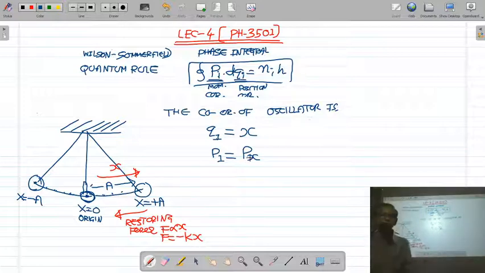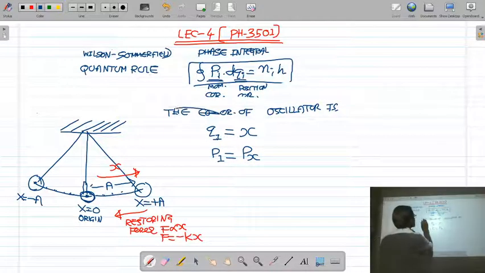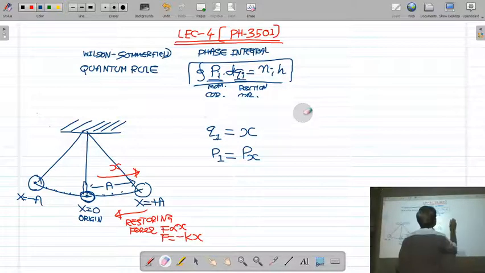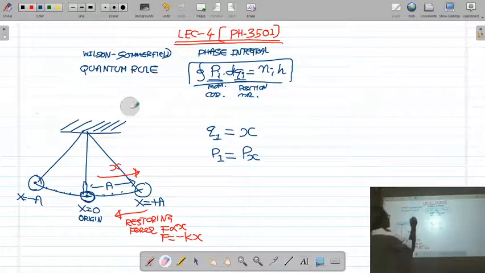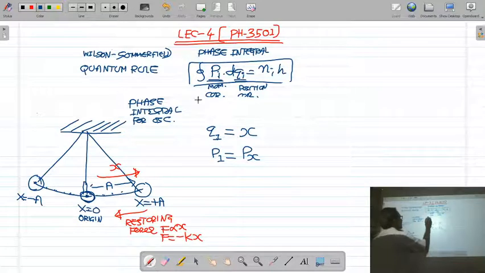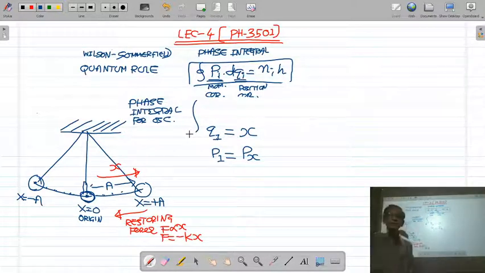Now we write down the phase integral for this oscillator. The phase integral is the integration of Pi dQi, which must be equal to an integral multiple of the Planck constant h. Pi is the momentum coordinate.